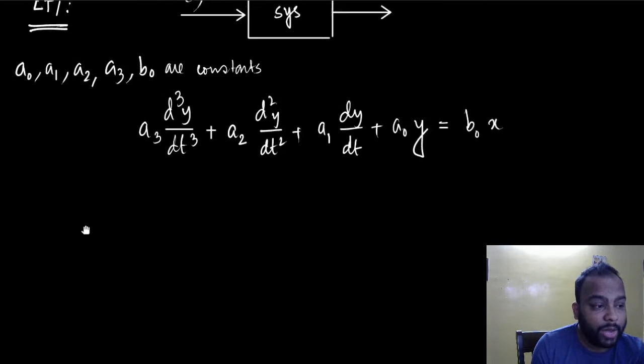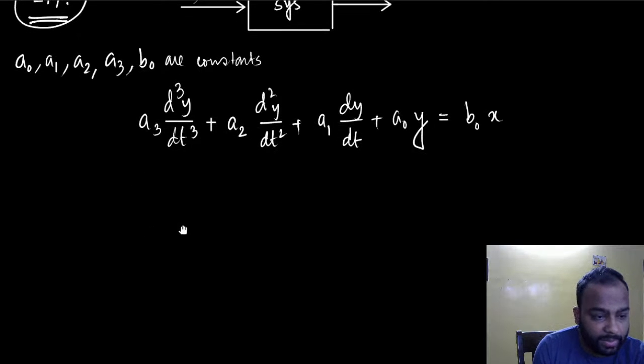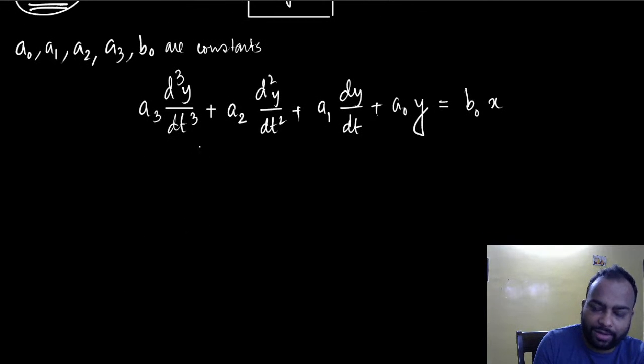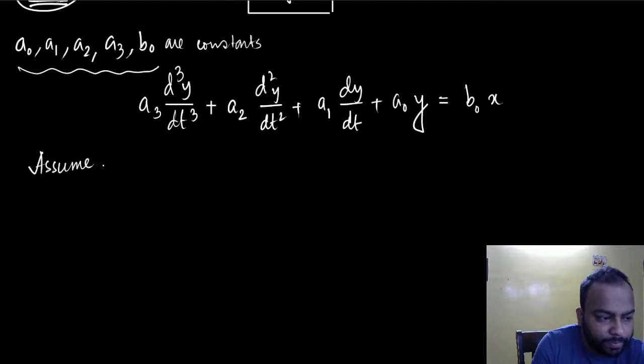All right, so now we already have assumed linearity and time invariance. That assumption will be there. Now if I want to develop the transfer function model, now would be the time to assume zero initial conditions. So we have already assumed linearity and time invariance by making sure that these are constants, and assume zero initial conditions.